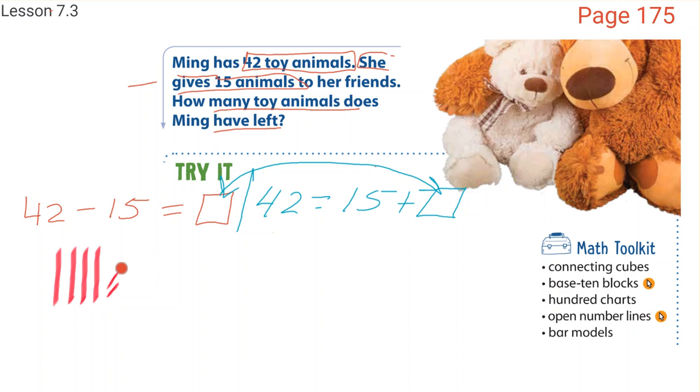We have a 5 in there, and we need some more ones. So what I can do is make this into 1, 2, 3 10s. And see that 10 there? We're going to make it into 10 ones. So 1, 2, 3, 4, 5, 6, 7, 8, 9, 10. Then we have those 2 there.